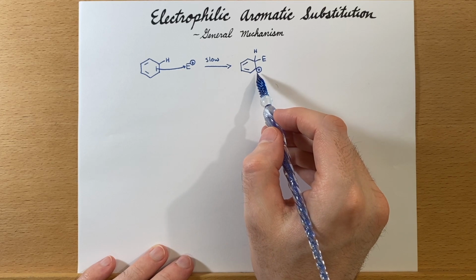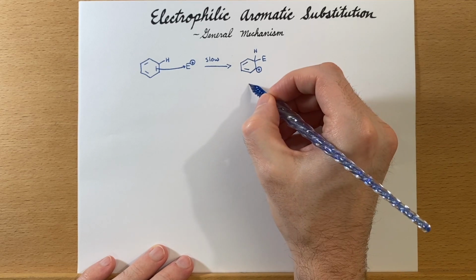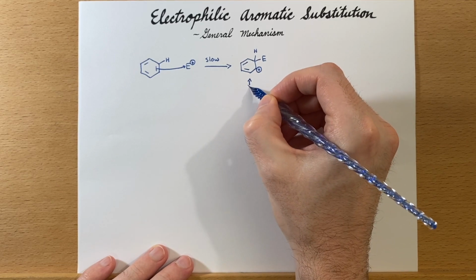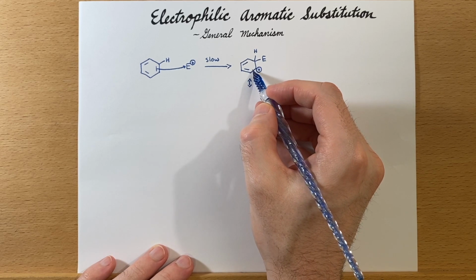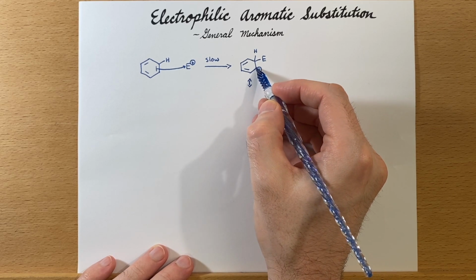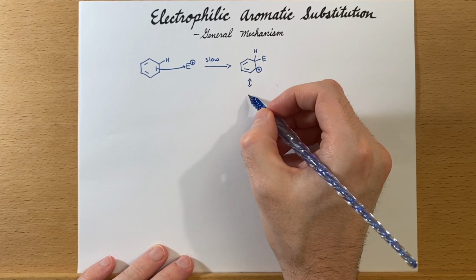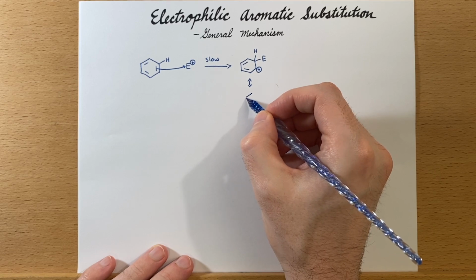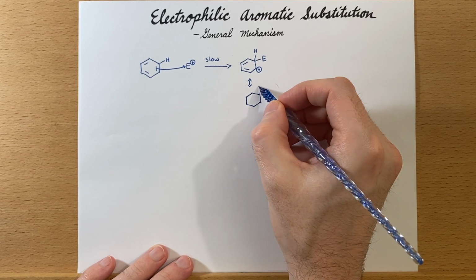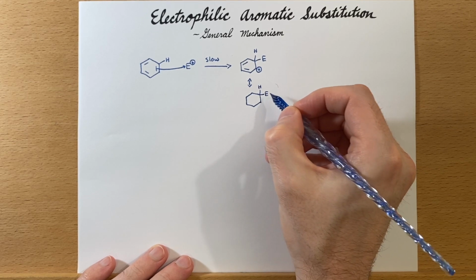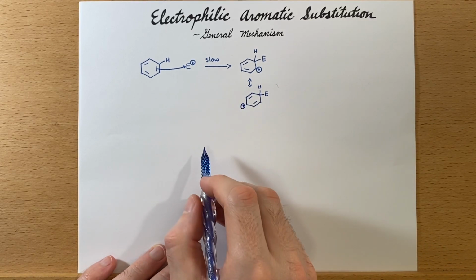Now, this carbocation does have resonance stability, and I'll go ahead and draw the resonance structures out for us. So if this double bond were to shift over here, that would move the carbocation over into this para position, like so.